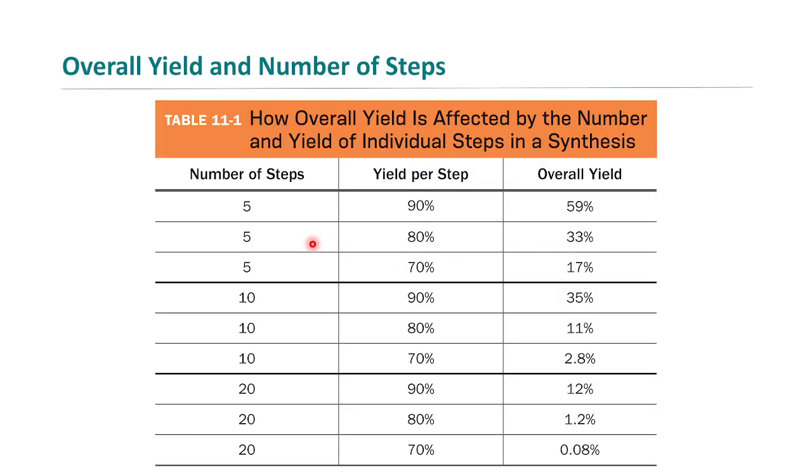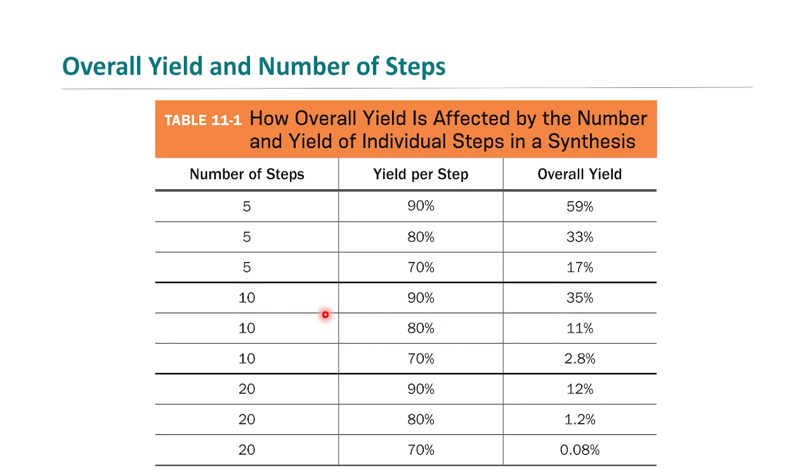But keep in mind, again, it's a balancing act. Here we see that, for example, 5 steps at 90% yield gives us 59% yield overall. However, if we have 5 steps at 70% yield, that's only 17% yield. We could do 10 steps at 90% yield, and that would still give us a better overall yield.